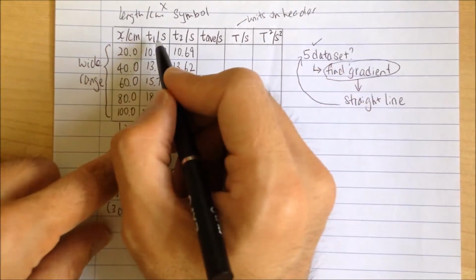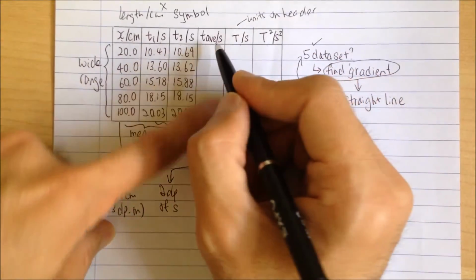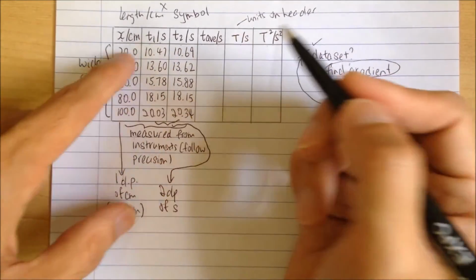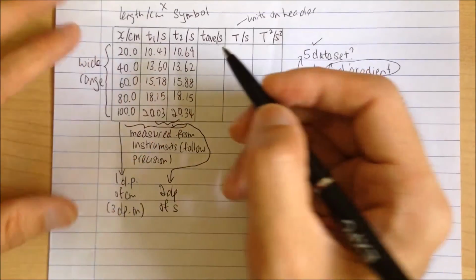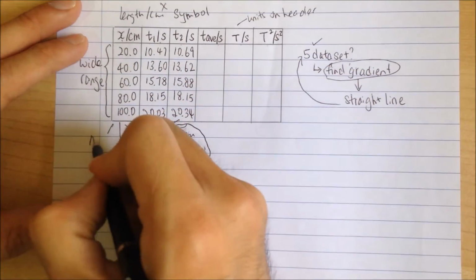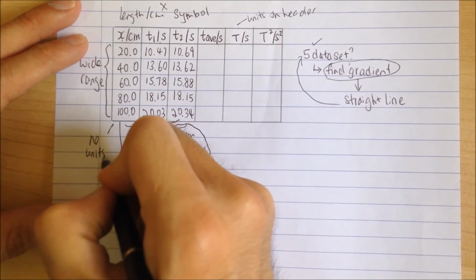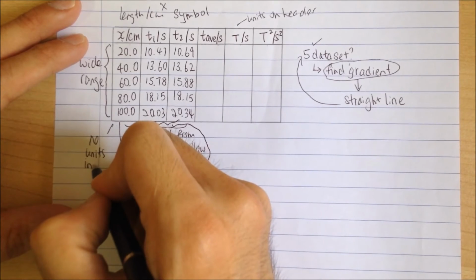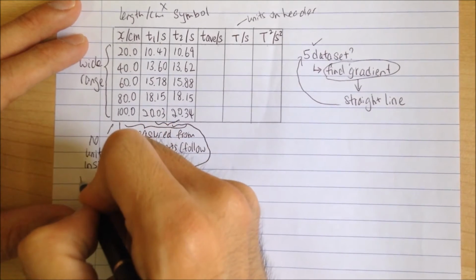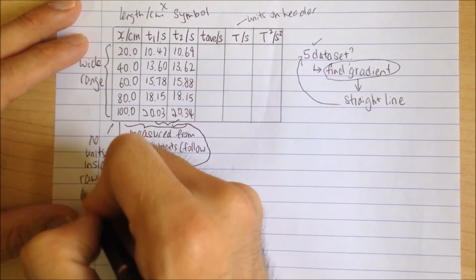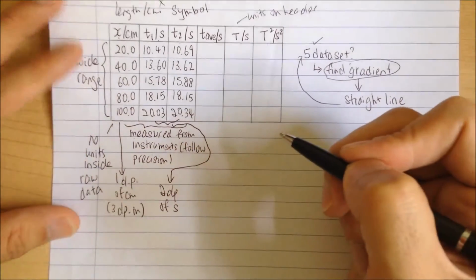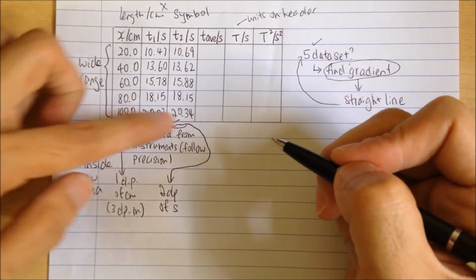This column is all in seconds. This column is all in seconds. So you don't have to put any units here. All right. So inside the raw data, you don't have to put any units.